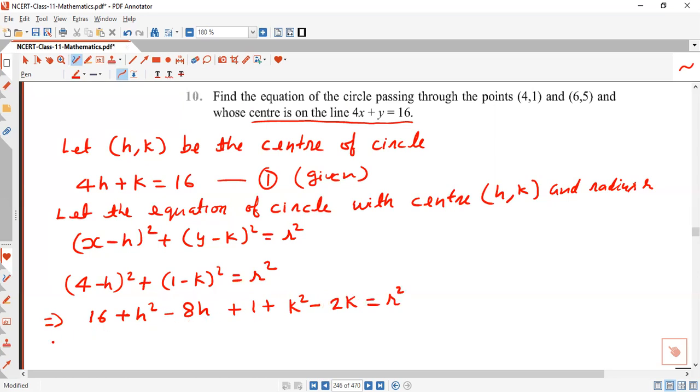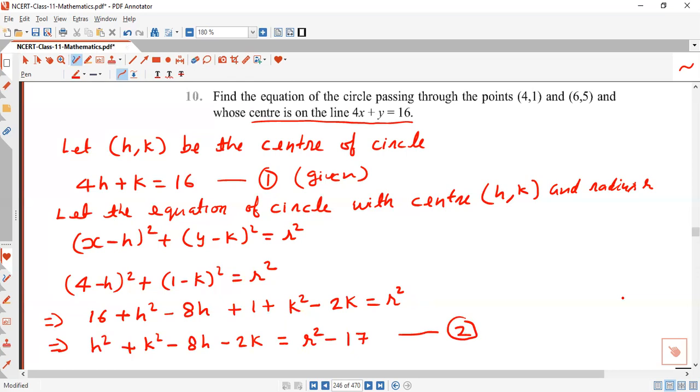Writing it in the correct way: h square plus k square minus 8h minus 2k, and the constant term 16 plus 1, 17, and r square is there. So we take it to the right side: r square minus 17. This is equation number 2.